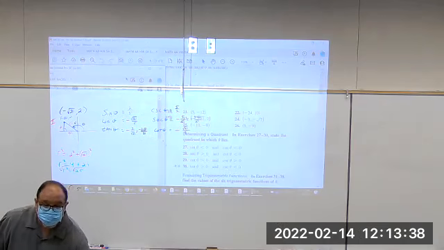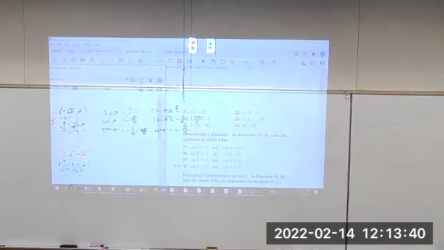They want to know what quadrant theta is in, based on those clues.